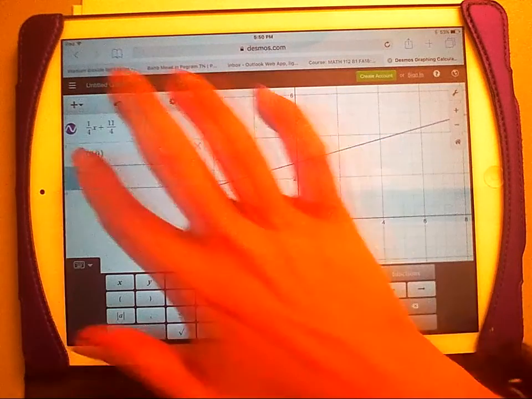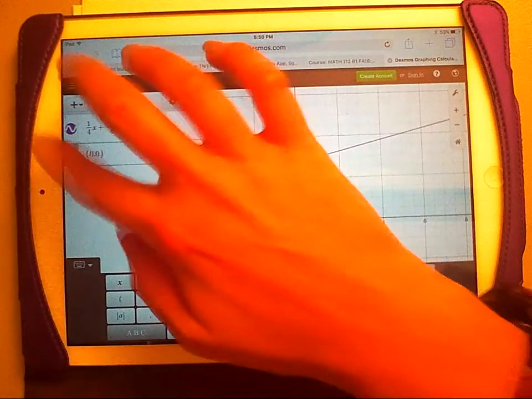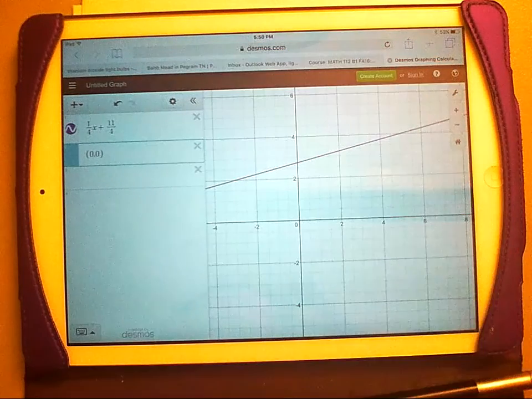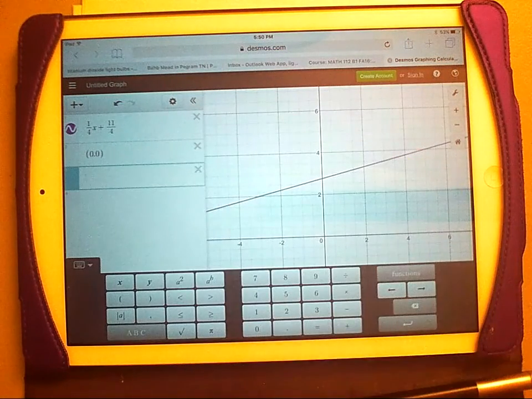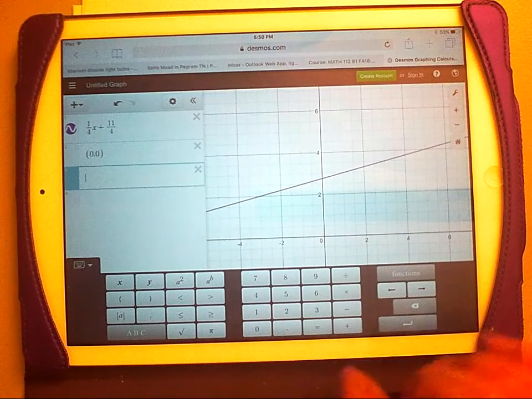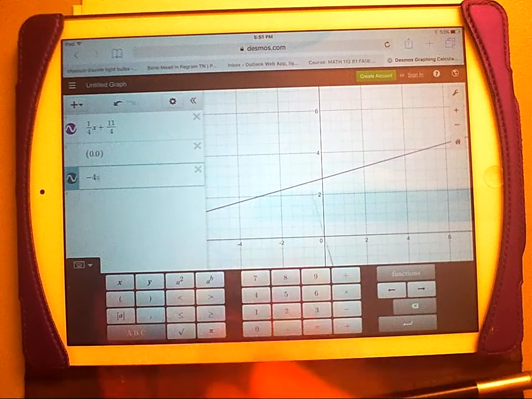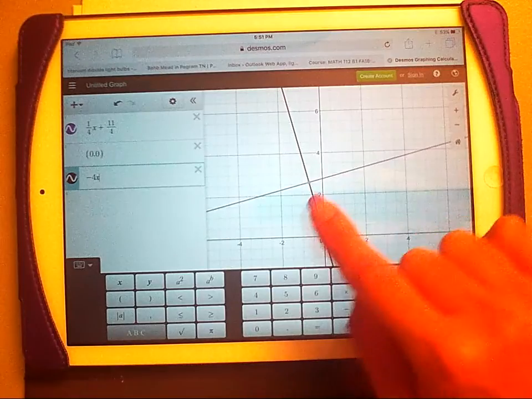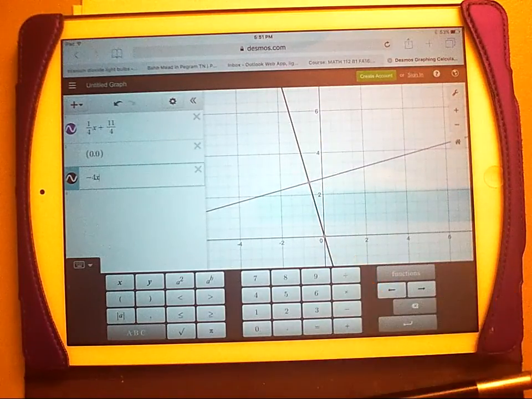Maybe it won't plot it. Okay, well there's the origin. It's got to go through there. And then we said that line was negative 4x. So there it is. This is a line that is perpendicular to the first line and passes through the origin.